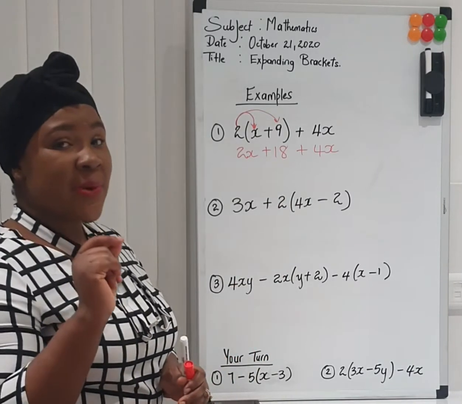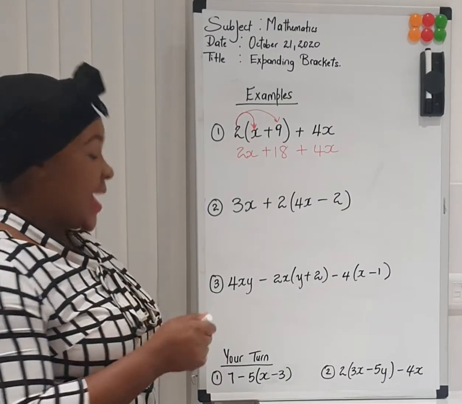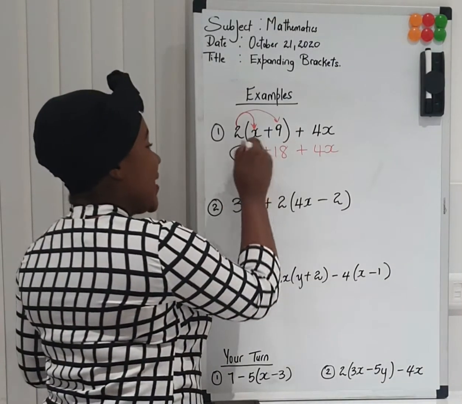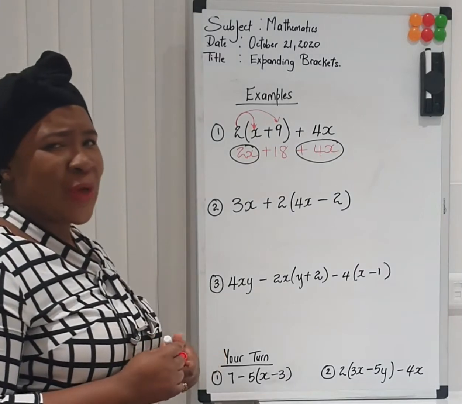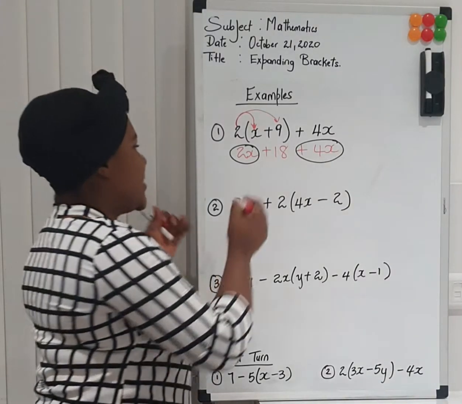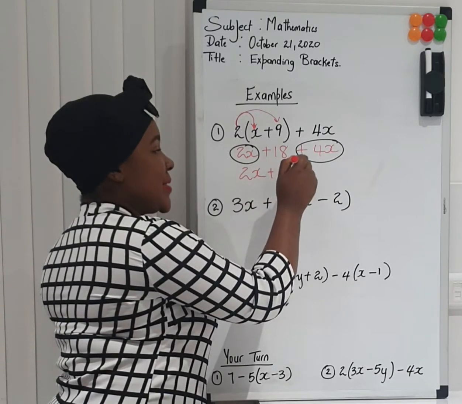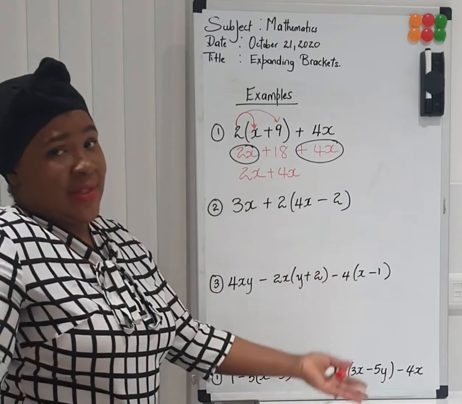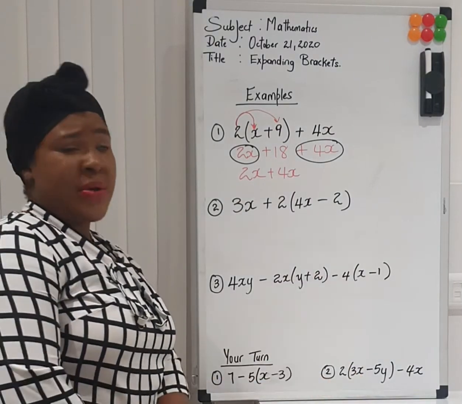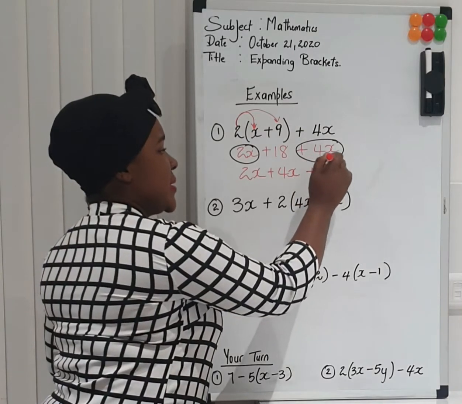Okay, I'm spotting 2 like terms, and that is 2x and plus 4x. So I'm going to go ahead and group those 2 terms. So I have 2x plus 4x, and then what happens to plus 18? Do I throw it away? Oh no, you can't. You got to keep it.